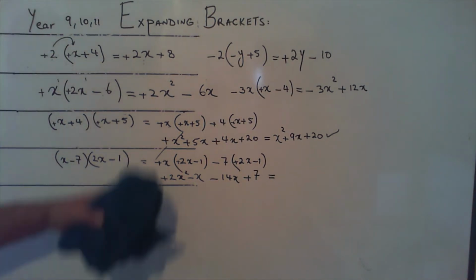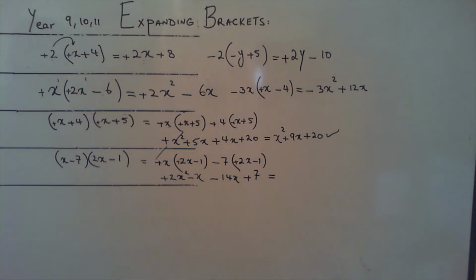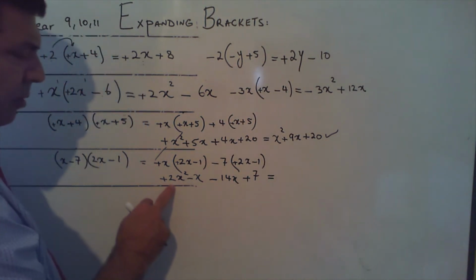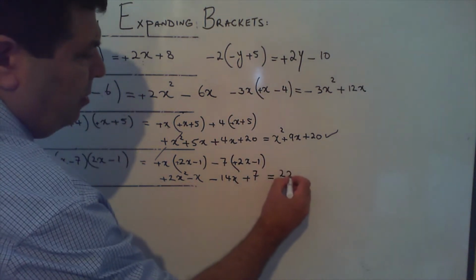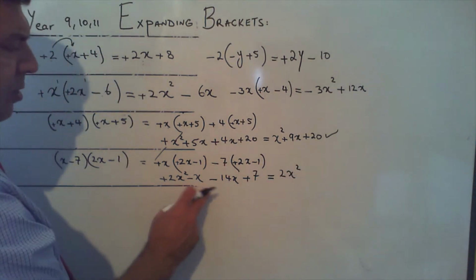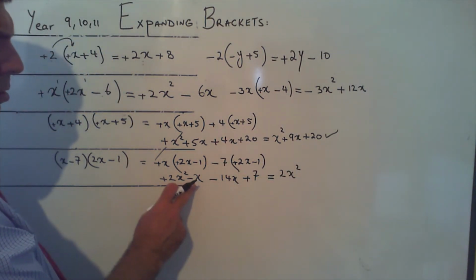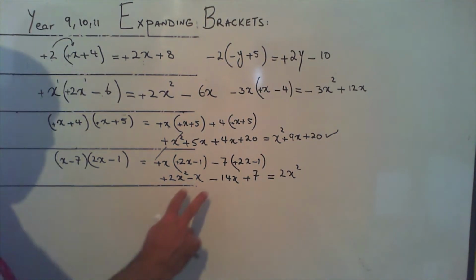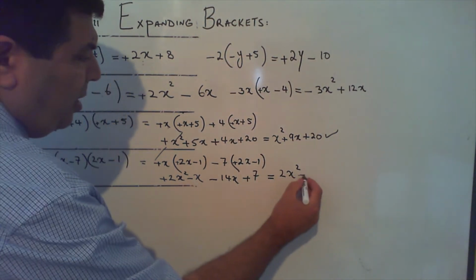And like the question before, once we expanded the brackets, we simplify. There is only one 2x squared here, right? Then I've got minus 14x minus x. This is the same sign rule. When you have same signs, we keep the sign and add the numbers.